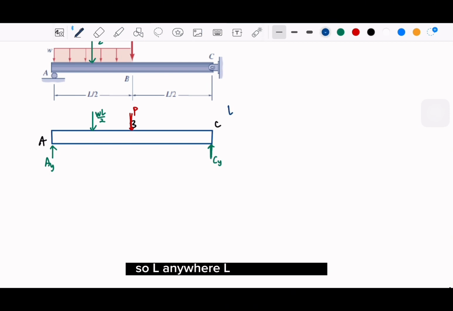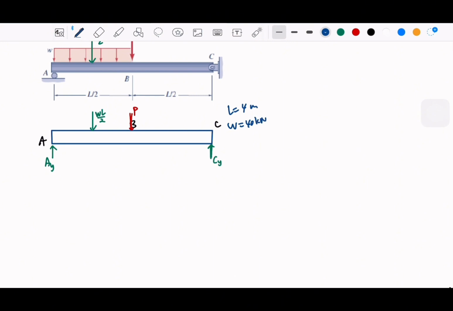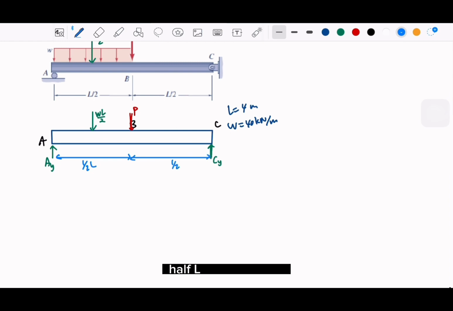L is 4, W is 40. And then this will be half L, or 2 meter, 2 meter. And then this will be 1 meter.